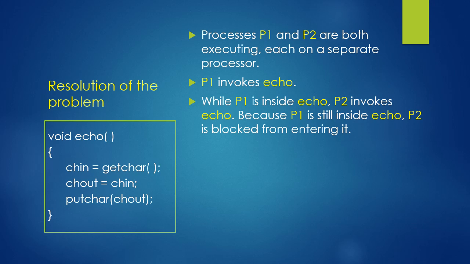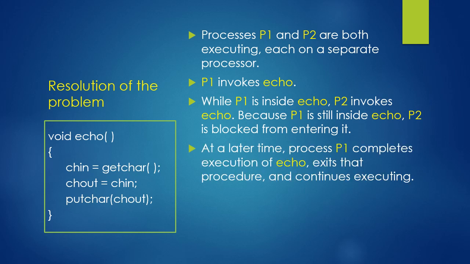While P1 is inside the echo procedure, P2 invokes echo. Because P1 is still inside the echo procedure, whether P1 is ready, blocked or running, P2 is blocked from entering the procedure. Therefore, P2 is blocked, waiting for the availability of the echo procedure.